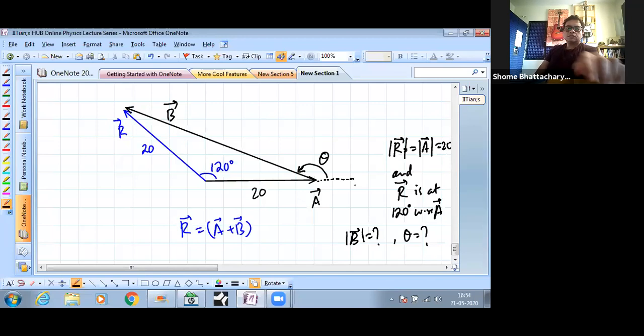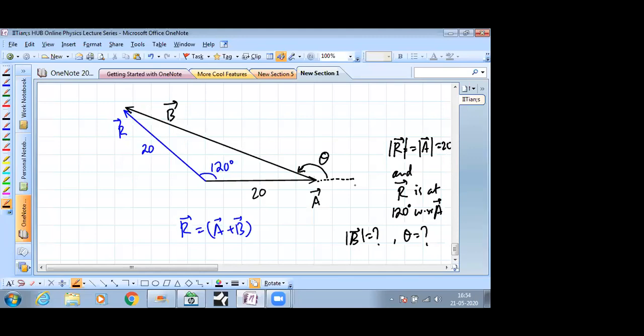Anyone else? Ishika, no, unfortunately, theta is not 60. As you can see in the question, that angle has to be an obtuse angle, so it cannot really be 60.